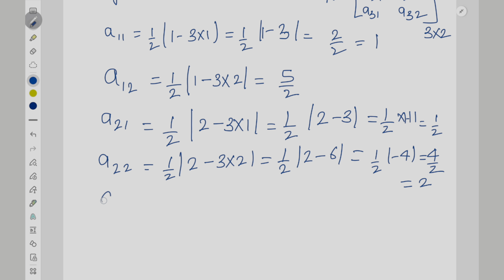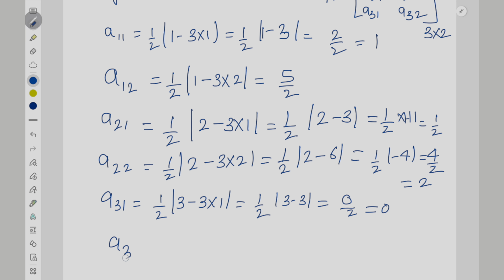Similarly, we find A31 is equal to 1 by 2 times the modulus of 3 minus 3 multiplied by 1, which is 1 by 2 times the modulus of 3 minus 3, which is 1 by 2 times 0, equal to 0.